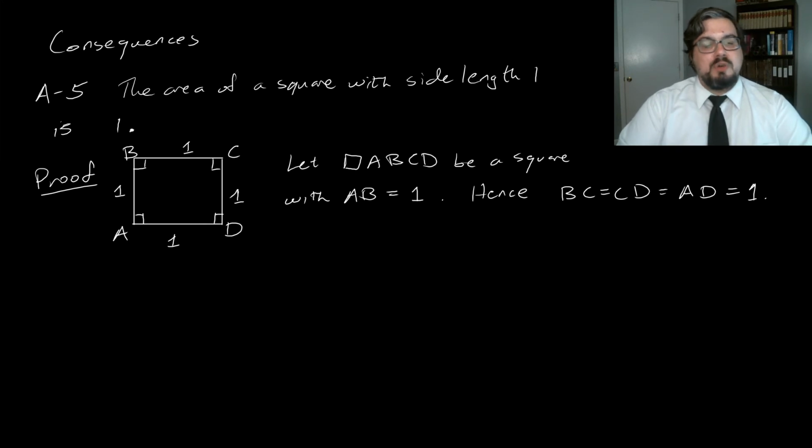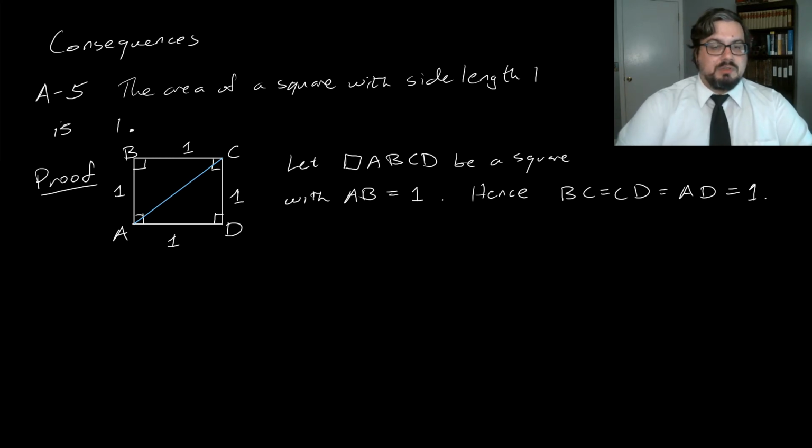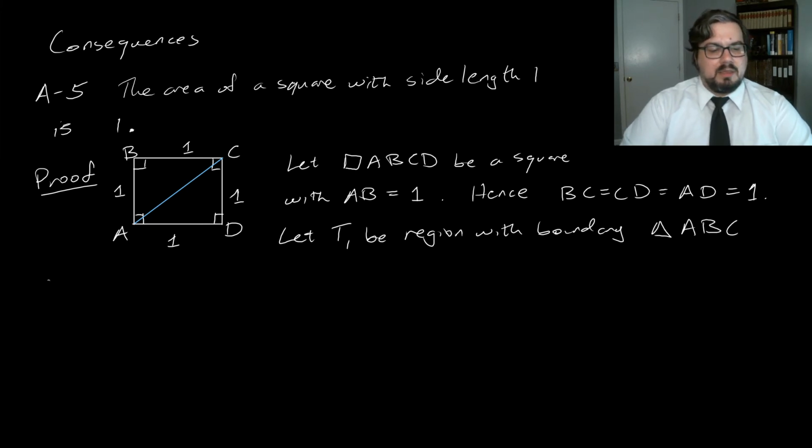Now, if we want to know the area of a region like the region ABCD, we can get that by splitting it up into triangular regions. So we can let T1 be the region with boundary the triangle ABC, and T2 the region with boundary the triangle ACD.